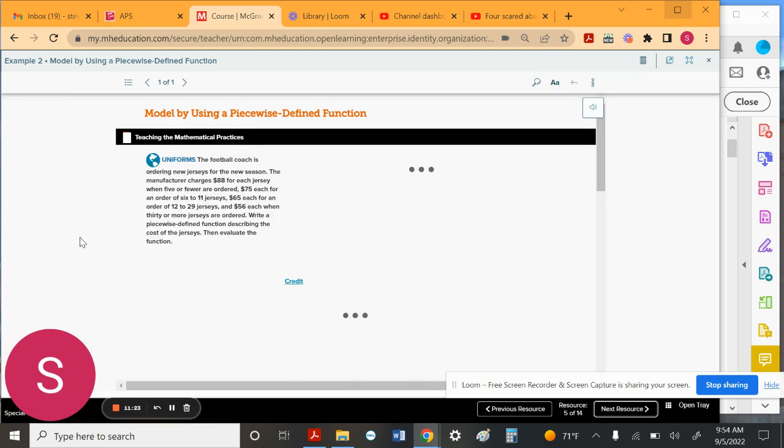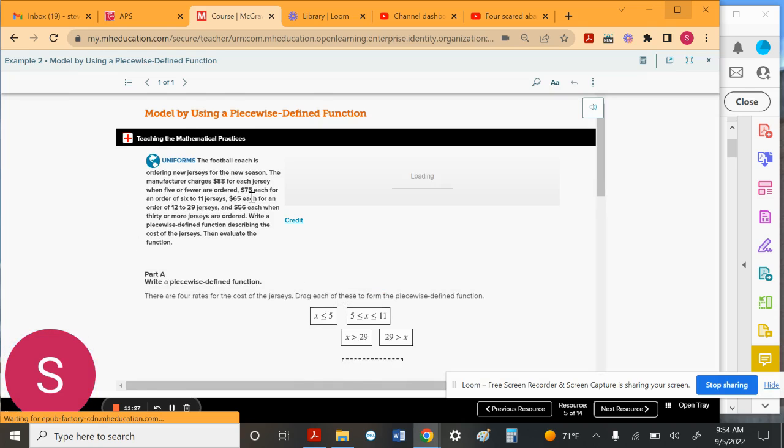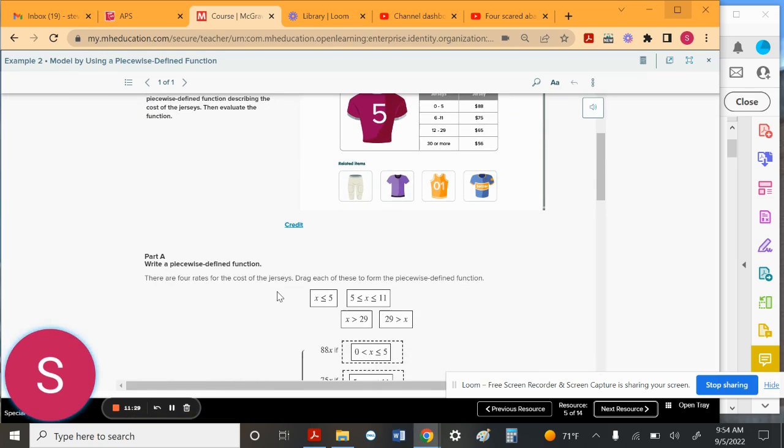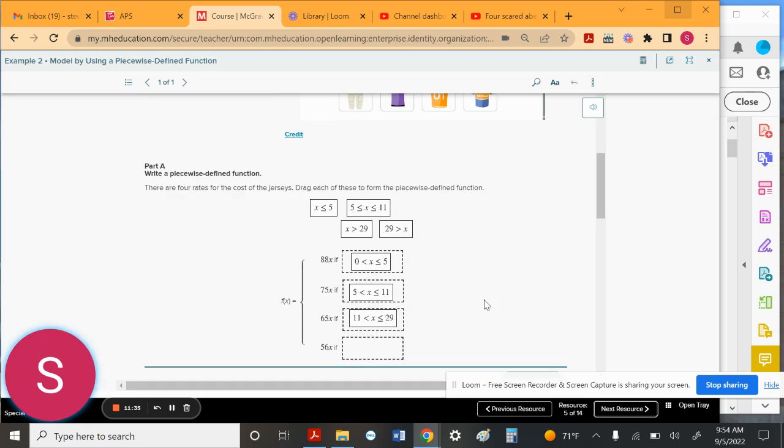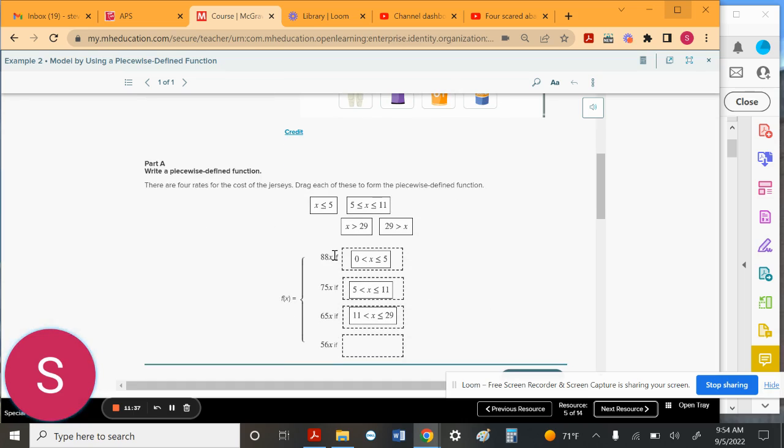Modeling by using a piecewise defined function. So this just gives you an idea of the different uniforms. Notice here that we have 0 to 5 jerseys. It's going to cost us $88. So between 0 and 5, it's 88. Between 5 and 11, it's 75.